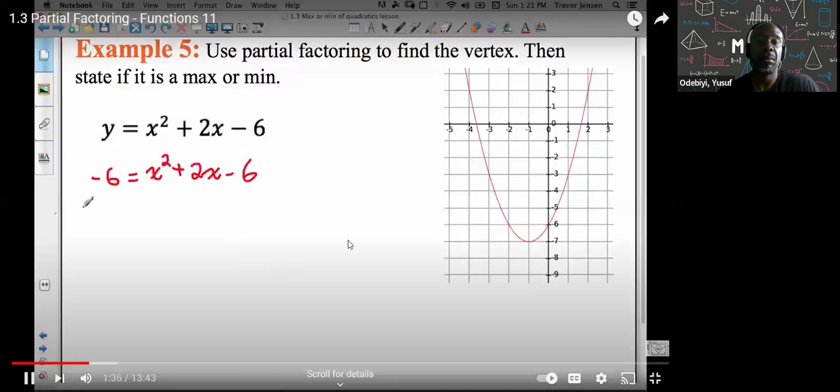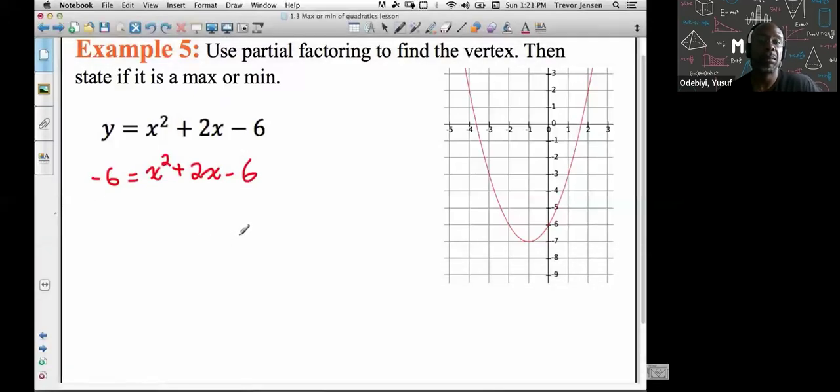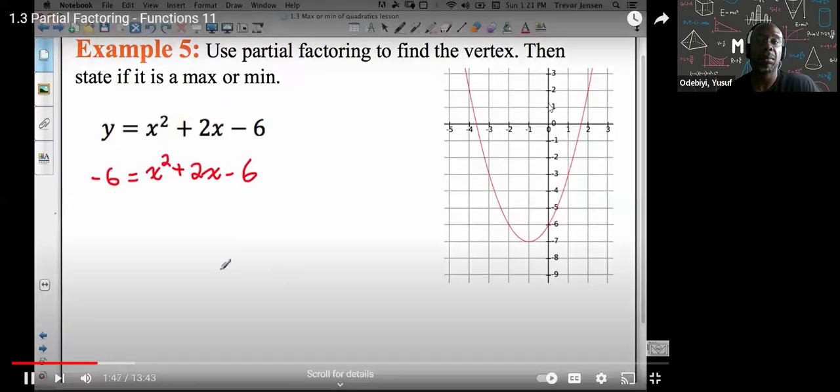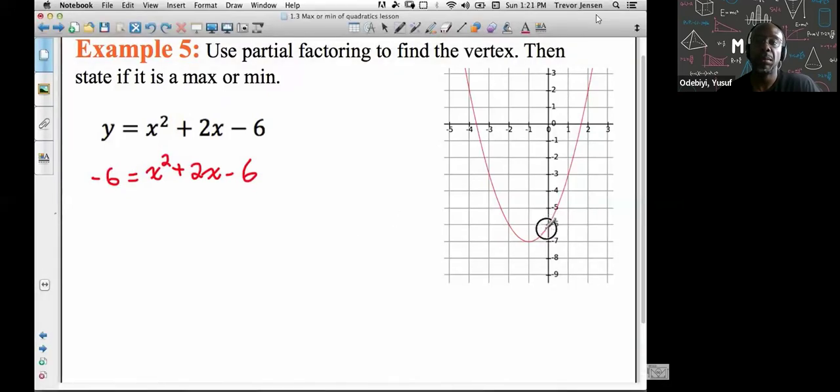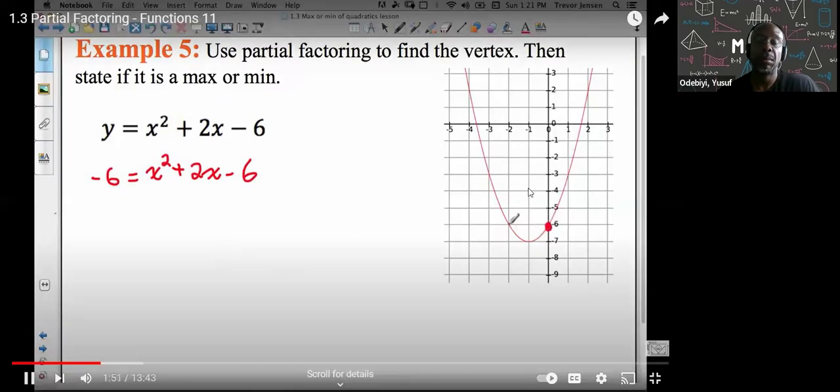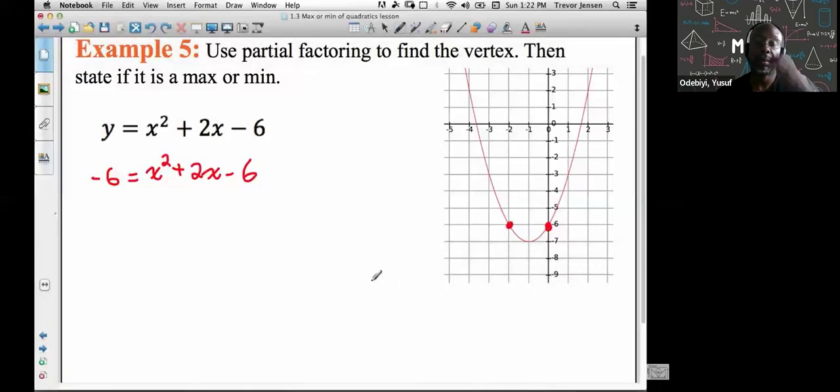Now, if I were to solve this quadratic, I would get the x values where the quadratic has a y value of negative 6. If I go through algebraically and do that, I should get x values of 0 and negative 2. Those are the two places where the quadratic has a y value of negative 6.